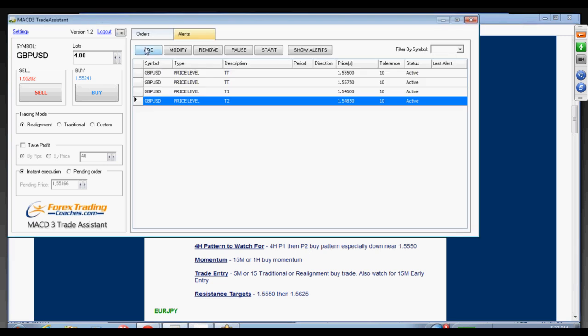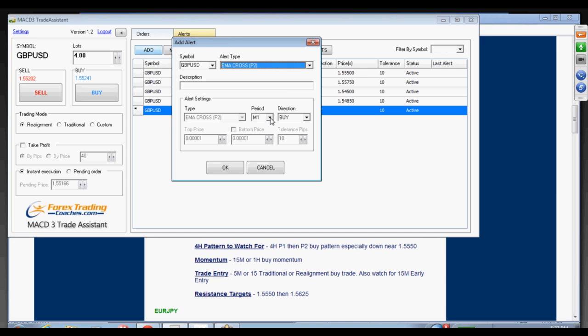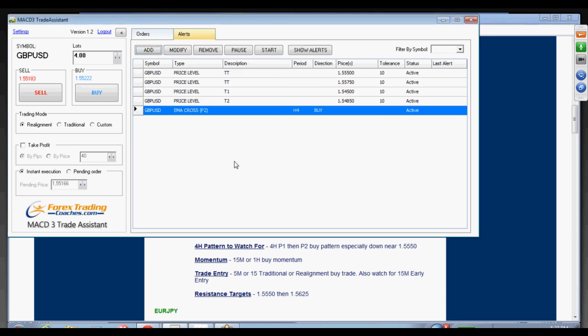So I go in here and I go over here and I do the EMA cross P2. And the P2 4-hour buy pattern, I just put in the period as H4, the direction is buy, and I click. So I've got the buy pattern there.